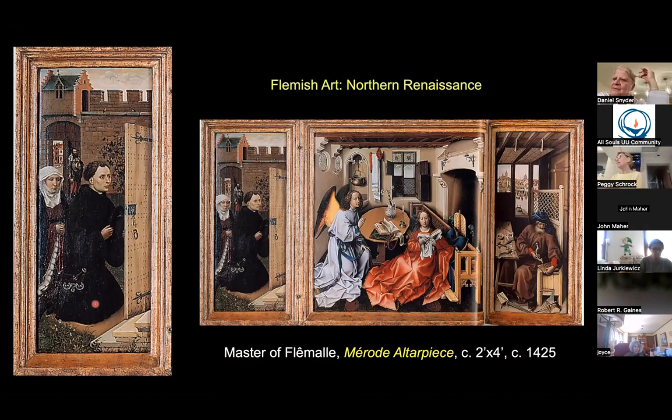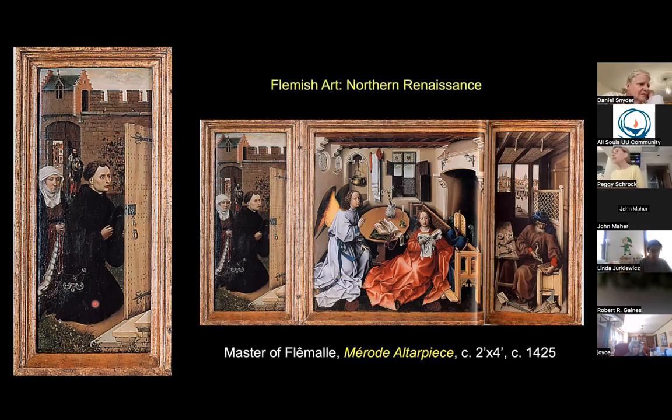And one thing you get for being a donor, if you've earned it, is the right to have yourself painted into the scene. And we're going to see this over and over again. But notice they're not directly in the scene. They're not in the room where the Annunciation is taking place, but they're outside and looking in.